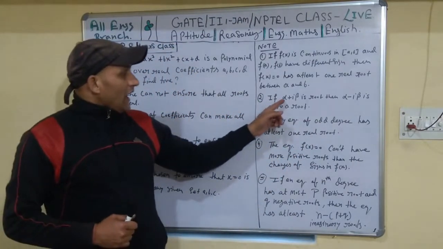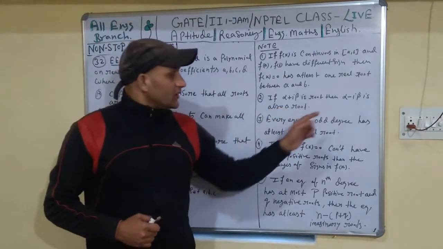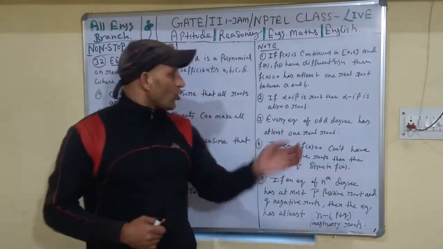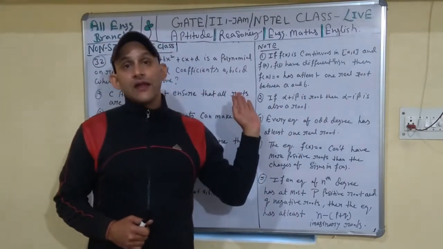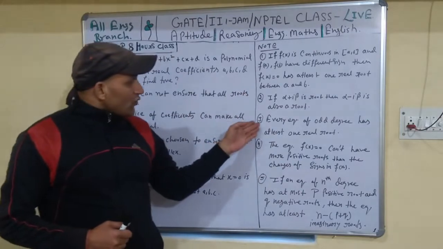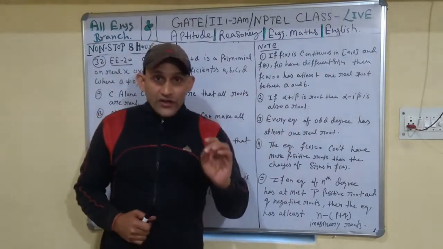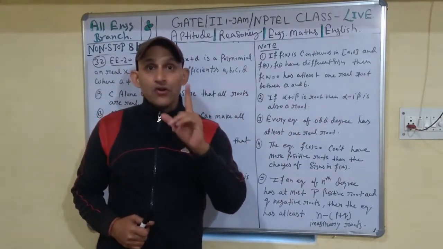Second, if alpha plus i beta is a root, then alpha minus i beta is also a root of any polynomial. Third, every equation of odd degree has at least one real root.